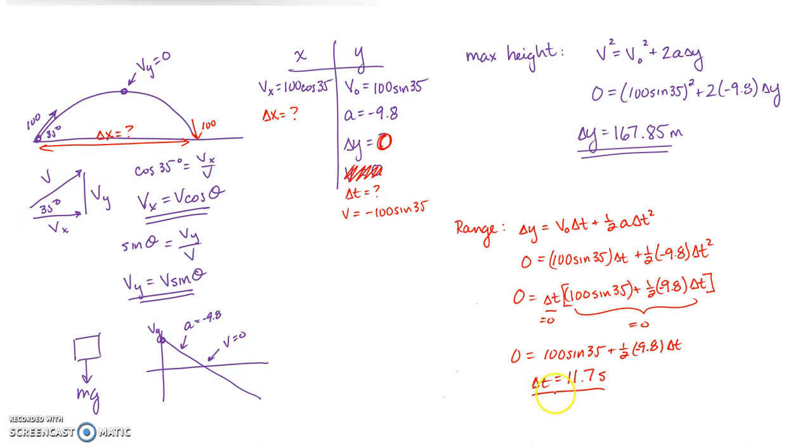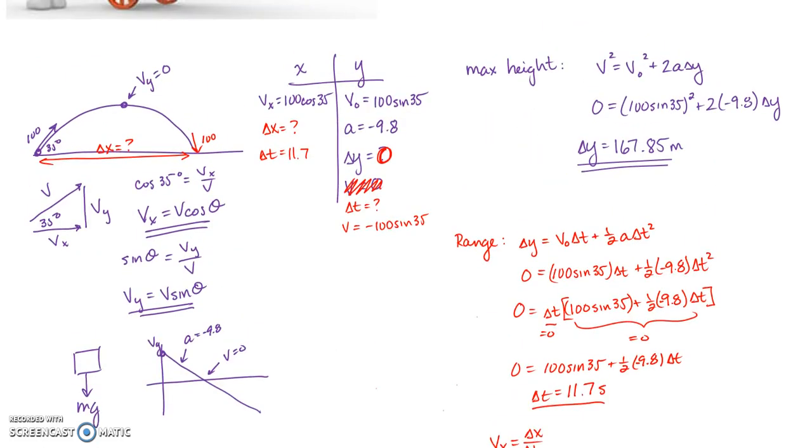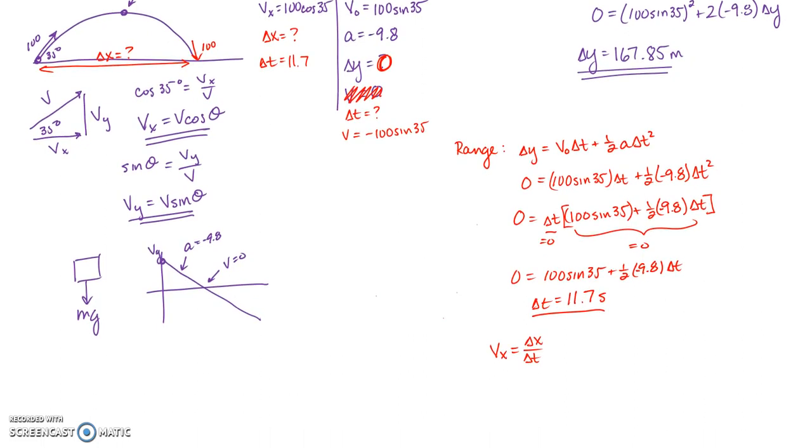So now that we have time, we can then put that into our x here, because we now know that the time is 11.7 seconds. So now I can solve for the x-plane because it's constant velocity. The only equation that we're going to use is the equation for constant velocity. And we know that the x velocity was 100 cosine 35.